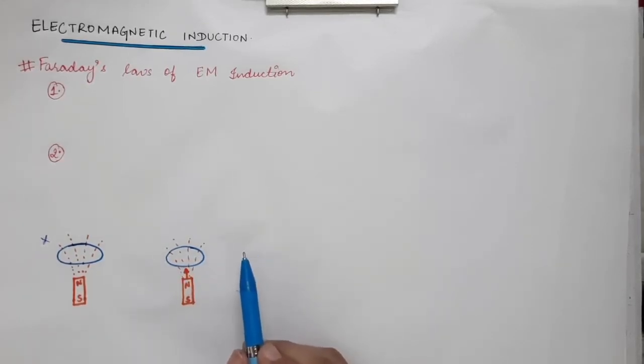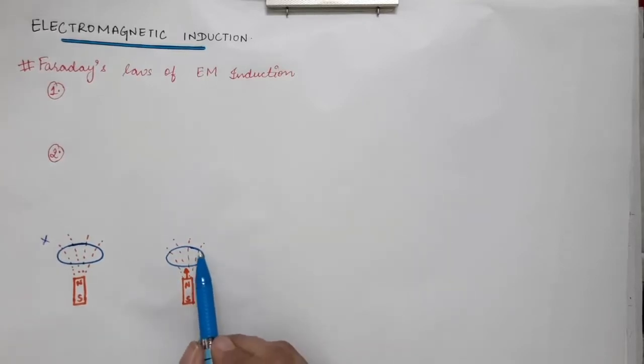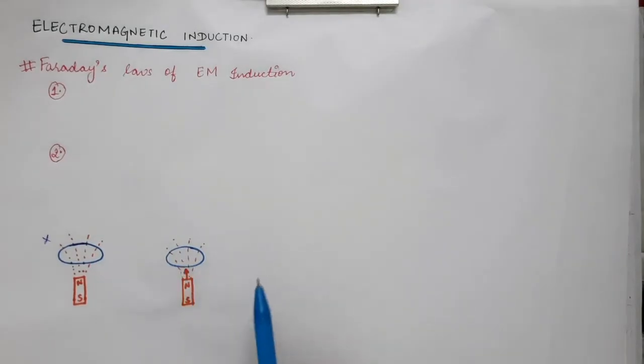And we know that current is produced only when there is a potential difference, so there is an EMF generated in the loop. Only then can current flow. It means that due to the change in position of the bar magnet, an induced EMF is generated in the loop, which results in the production of induced current. So current will be produced in this loop.